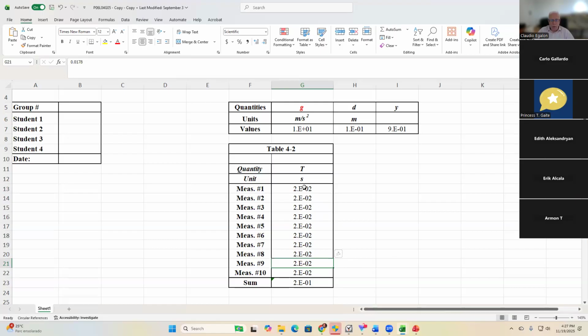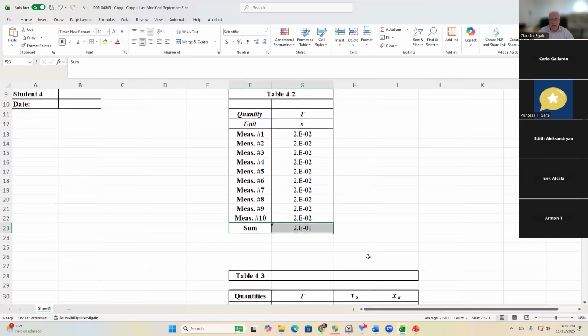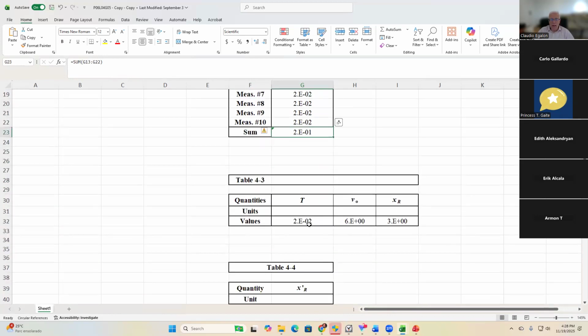Then what we're going to do is sum all those values that we obtained, and that's the summation, and we take the average. Don't forget, when you sum, you may gain a significant figure here. This average goes exactly right here in the third table.